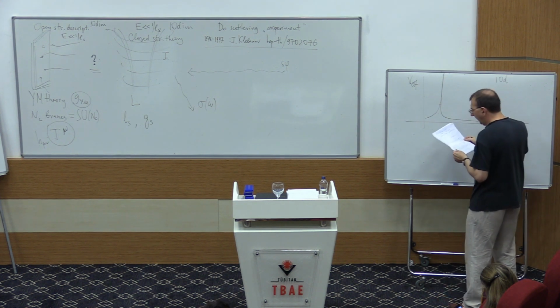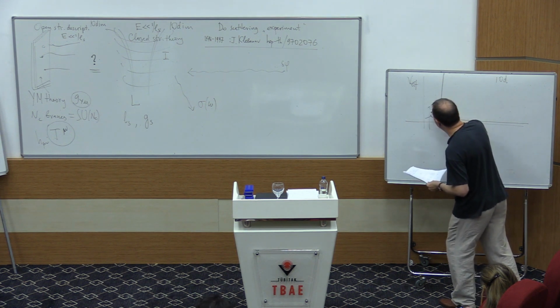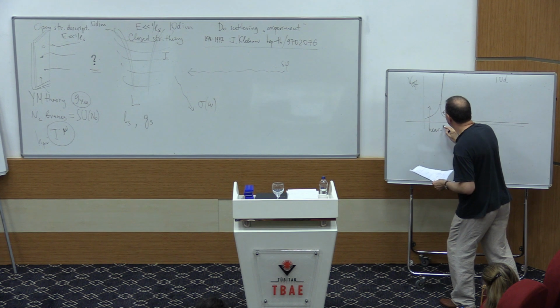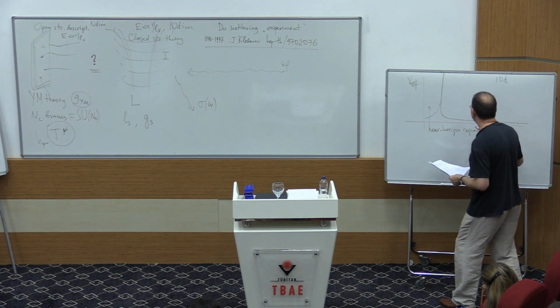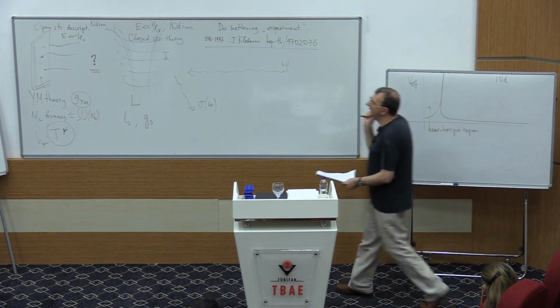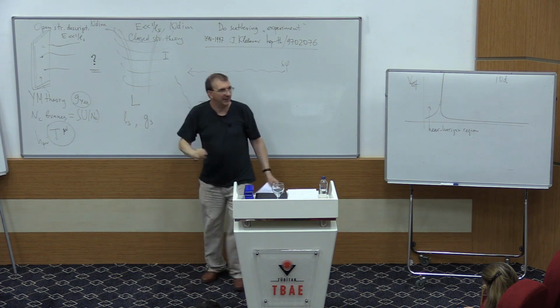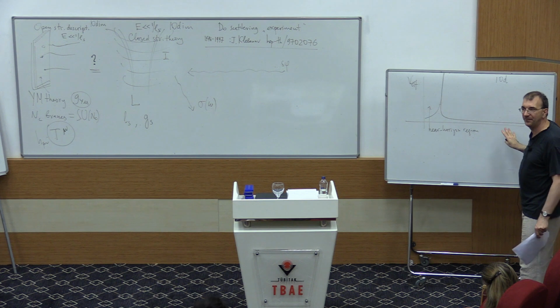This is the original metric, and this region is known as the near horizon region. All the stuff of this solution is concentrated in a small region, and the rest is flat 10-dimensional space.